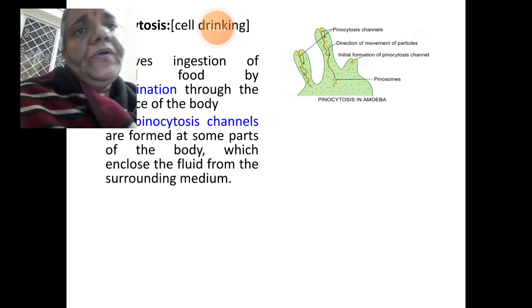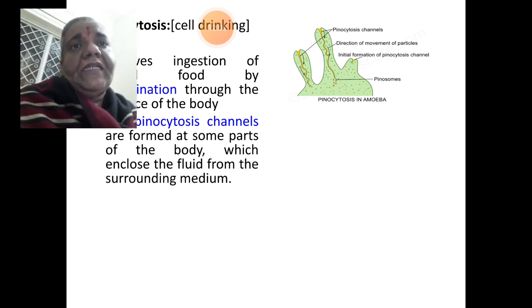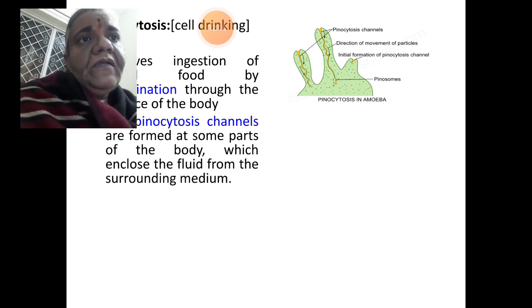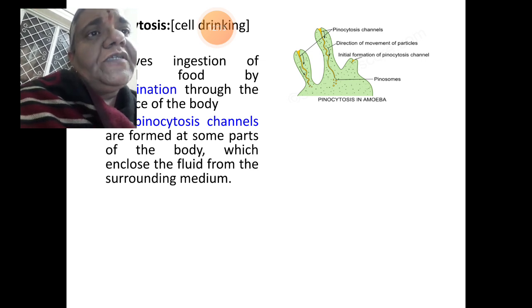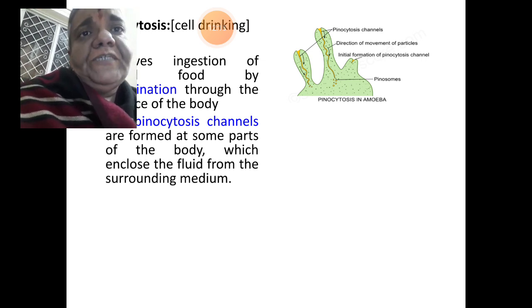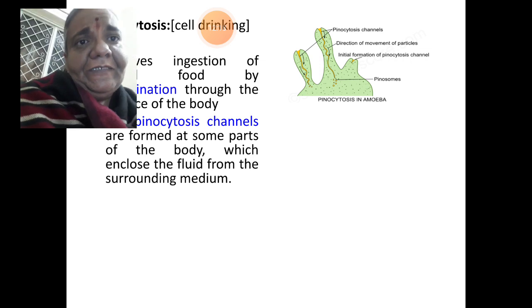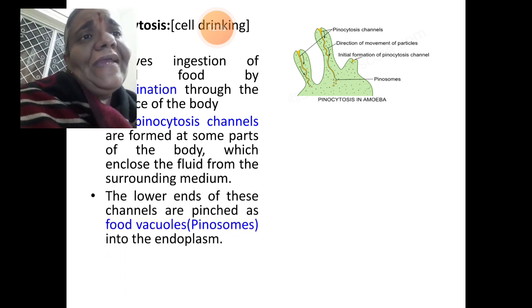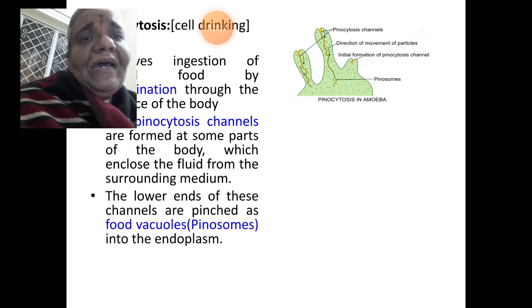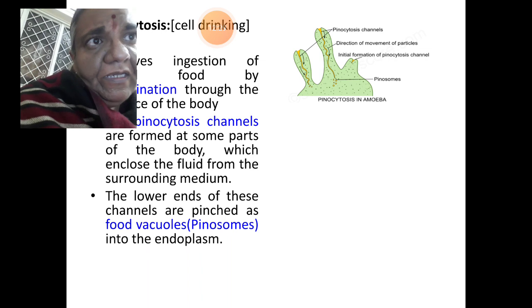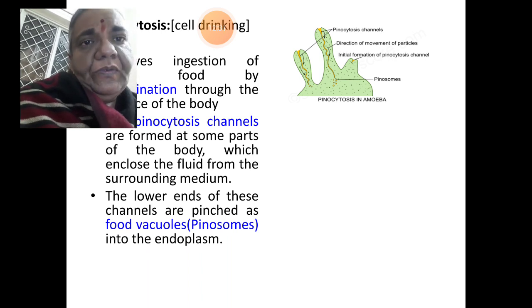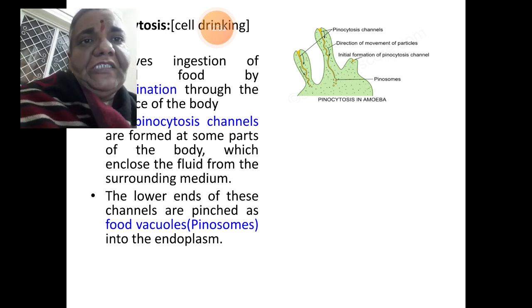Okay. So once the pinocytosis channels are formed, the food that needs to be taken in is taken inside these channels and taken deep into the cell, and the lower ends of these channels are pinched out as food vacuoles, what we call here pinosomes, into the endoplasm.